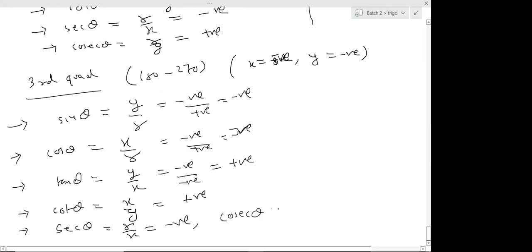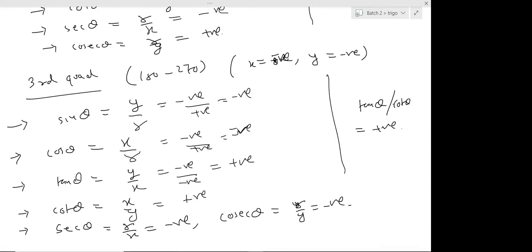And cosec theta is r upon y. This is also negative. So in third quadrant, tan theta and cot theta give positive value. So if the angle theta is anywhere between 180 to 270, all of the quantities are negative except tan theta and cot theta.